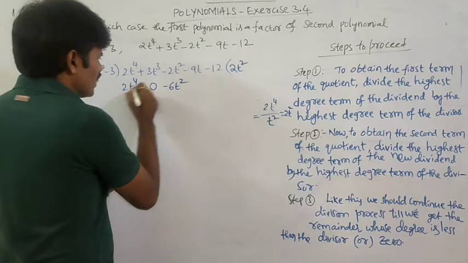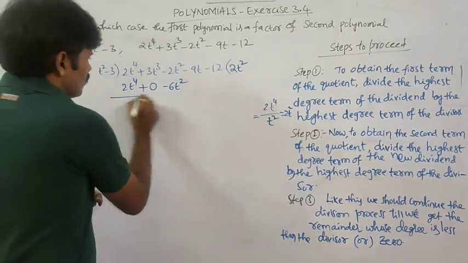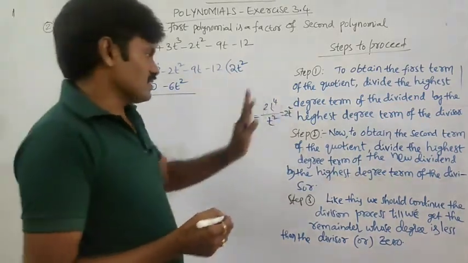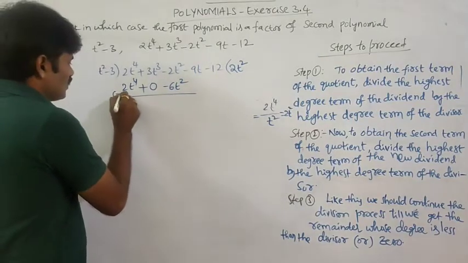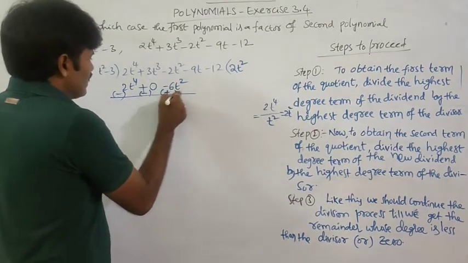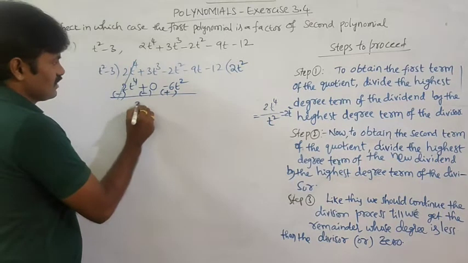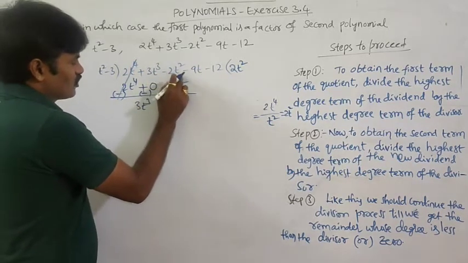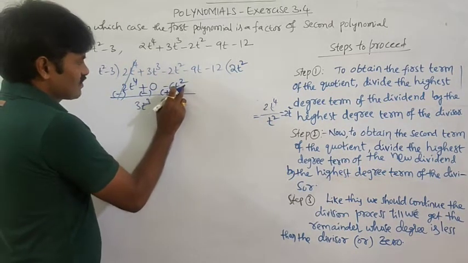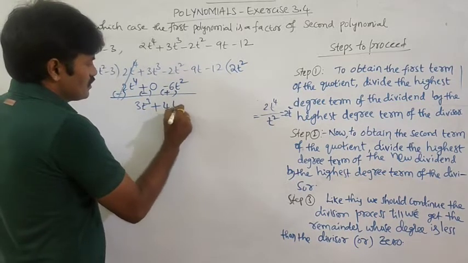Middle term is not there, so the t cube term, keep it as 0. Now continue the division process. What is the division process? Subtracting. Signs will change, gets cancelled. 3t cube minus 2t square, we have to cancel this sign, plus 6t square. Sum is plus 4t square.